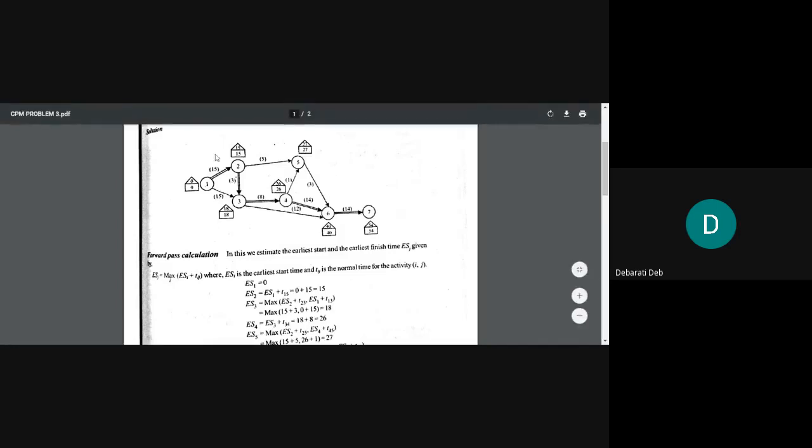Now after drawing the arrows, and after writing the duration within brackets, the next step is to draw houses beside all the events. Events number 1, 2, 3, 4, 5, 6, 7.